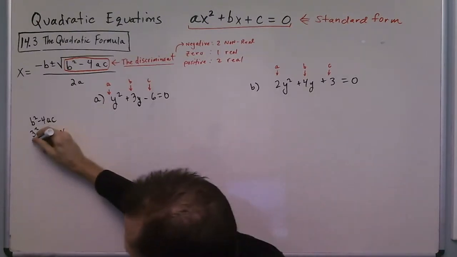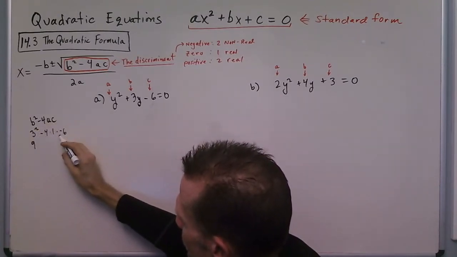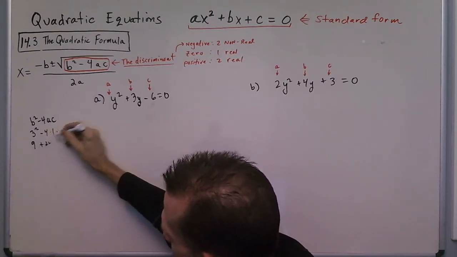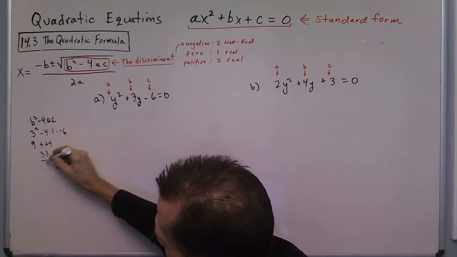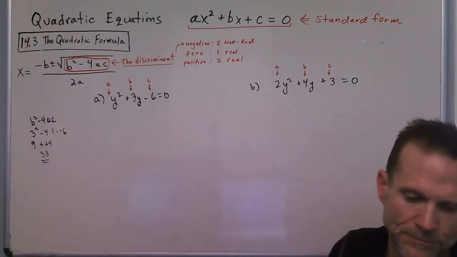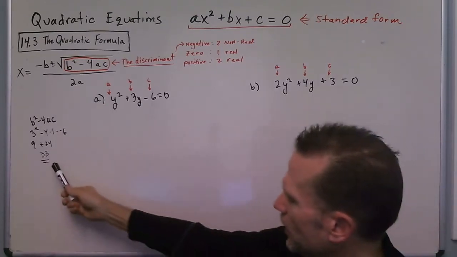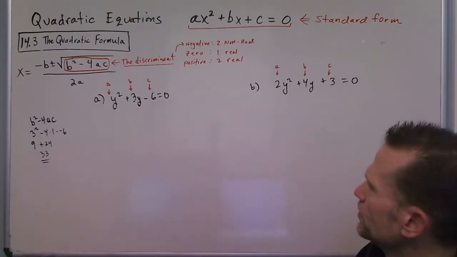We get 9, and then here we have this double negative, so we get plus 24, and we end up getting 33. So positive, 2 real solutions. Okay?